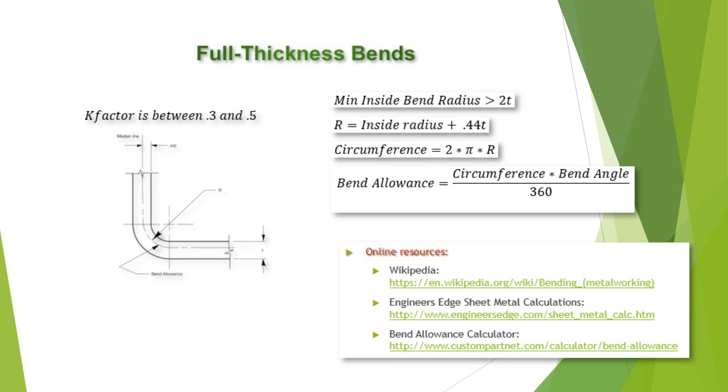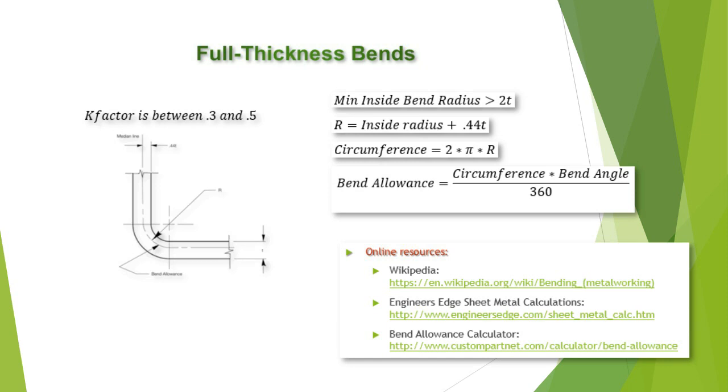And I think they're saying that just because they don't want you to know what their exact K factor is. But K factor is derived by setting up a piece of metal on a tool, bending it, and then measuring how much stretch or deformation you get in the finished blank based upon what you've calculated. So you have to try to figure out what the K factor is for each application.